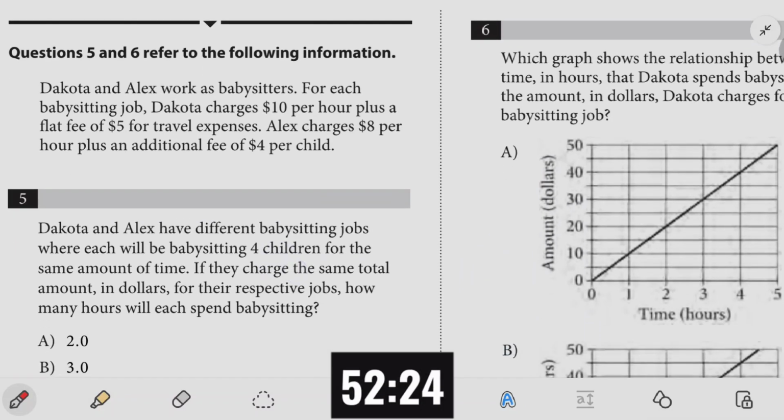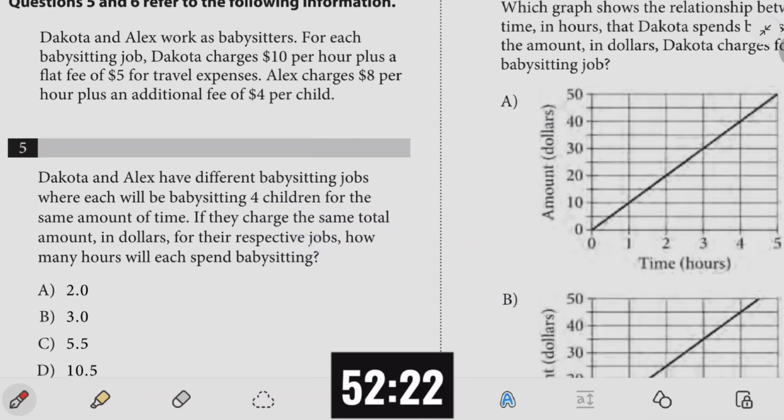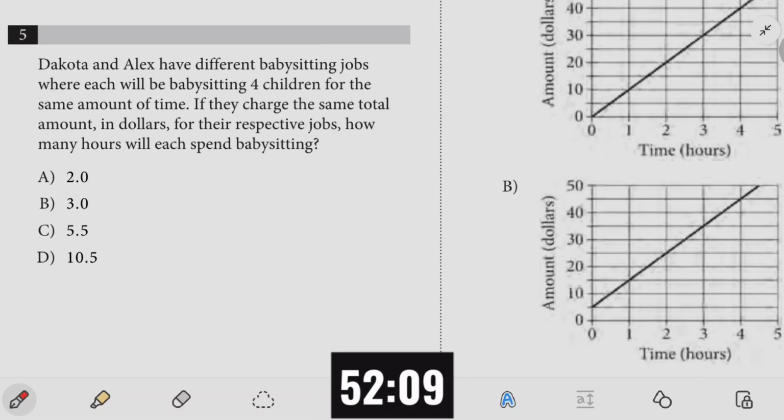Dakota and Alex work as babysitters. For each babysitting job, Dakota charges $8.10 per hour plus a flat fee of $5 for travel expenses. Alex charges $8 per hour plus an additional fee of $4 per child. Dakota and Alex have different babysitting jobs where each will be babysitting 4 children for the same amount of time.